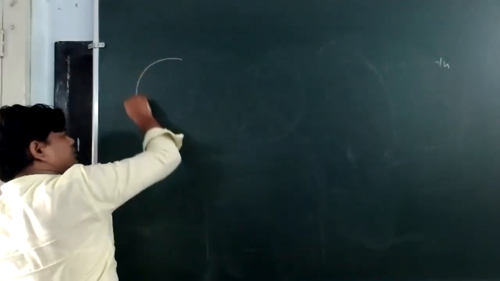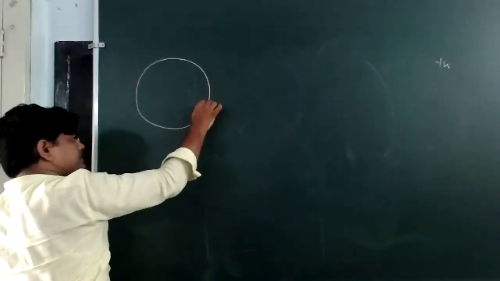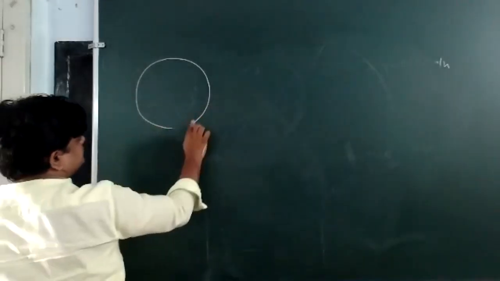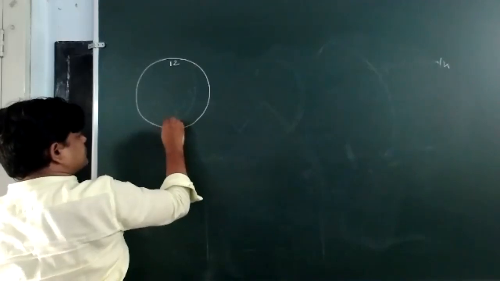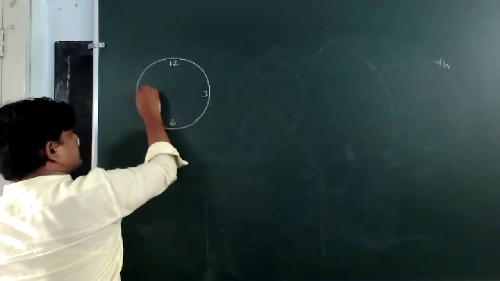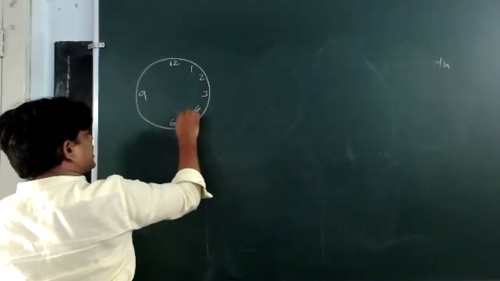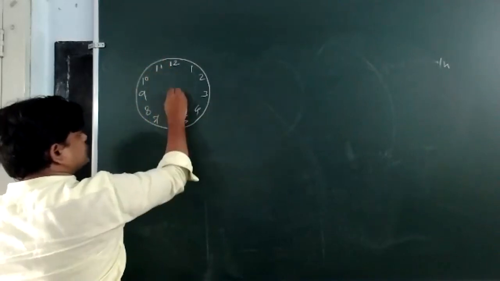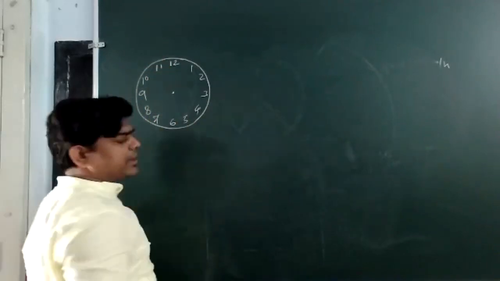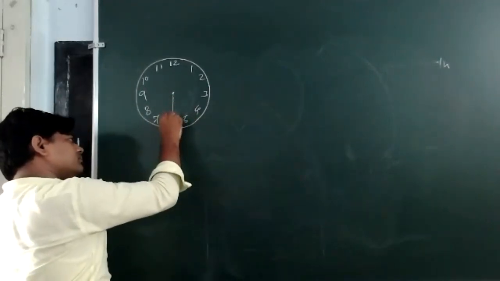Here I have a clock, and in this one you can see I would have 12 and then 6, 3, 9, 1, 2, 3, 4, 5, 7, 8, 9, 10 actually. Now it is the center point and at 3:30 our hour hand should be here. Am I correct? Yeah.